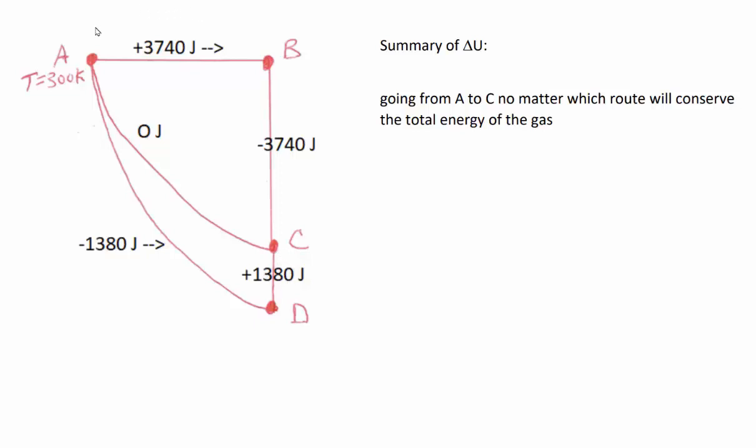In the other direction, when we're going from A to B, the isobaric expansion, the energy of the gas is going to increase. It's going to go up by 3740. And then in order to reach C eventually, we're going to have to lose that additional energy that we gained, minus 3740. These numbers can be verified. You should verify them by simply adding Q and W together that we computed before for each of these routes.